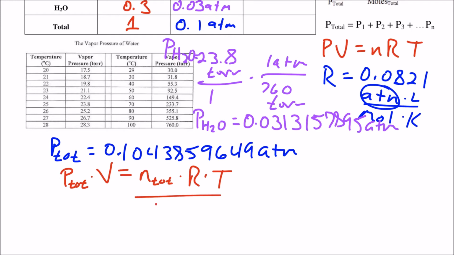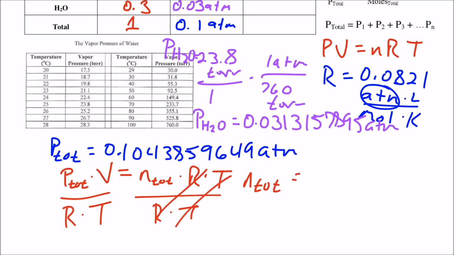So I'm going to divide both sides by RT. So the total number of moles then is equal to the total pressure, which we have labeled right here, okay?